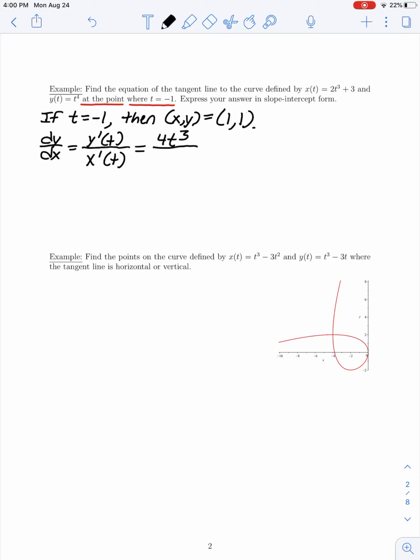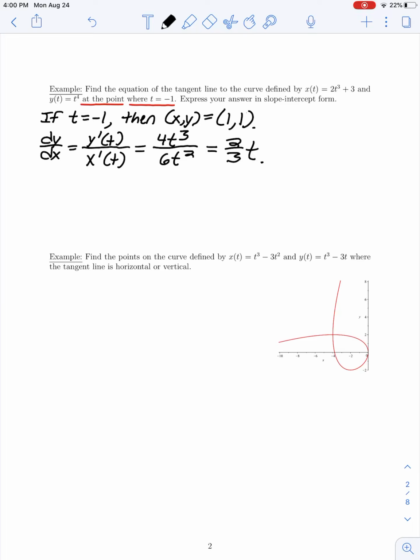We're dividing by x prime, which is 6t squared. So simplifying a little bit, the ratio of our constants, 4 over 6, reduces to 2/3, and then we have t cubed divided by t squared, which leaves us just t to the 1st power.